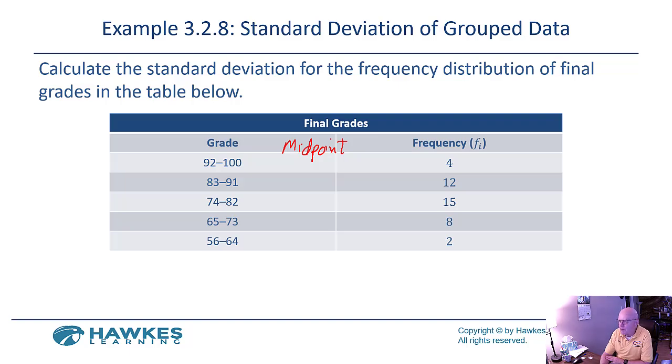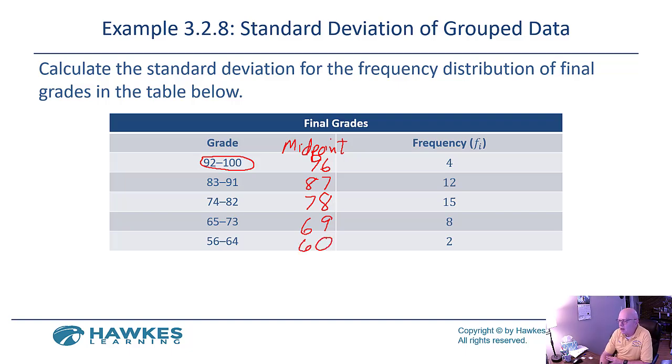We get the midpoint for each one of those. So add those two together, divide by 2, the midpoint is 96. Add those two together, the midpoint is 87. Next midpoint, 78, and then 69 and 60.